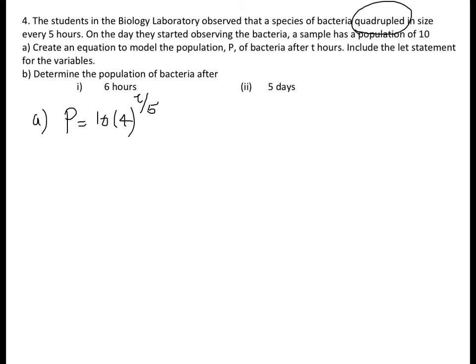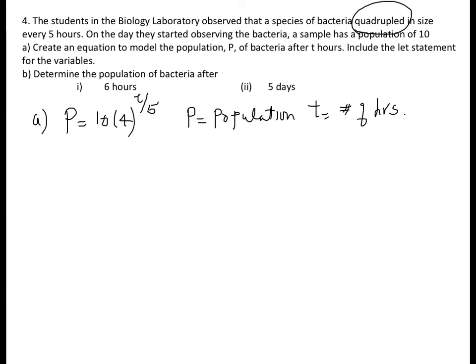Now, t is the number of hours passed, remember. Oh, it says use the let statement, so I'm going to say let P be equal to population and t be the number of hours. So this is my equation.